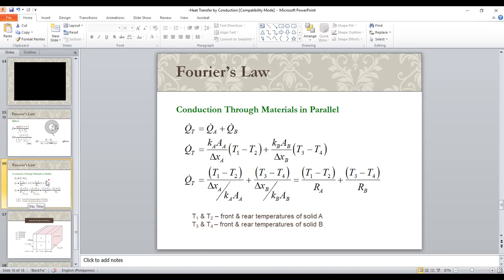Then, when you think you're comfortable already and you have already grasped how you're going to apply the principles and the formula, then you go to McCabe, because McCabe's presentation is quite different than that of John Coulson. But what is good about John Coulson is there are a lot of problems which have answers. In the case of McCabe, if you don't have the soft copy of the solutions manual, you won't know whether you're doing the right thing or not.